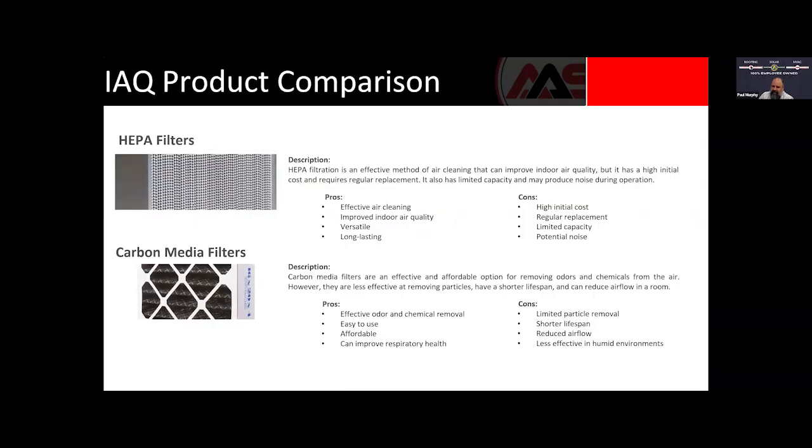Talking about diving into the differences in filters, we start with HEPA filters. HEPA filtration is probably the most effective filtration that you can offer, but it's not something that we typically see on any AC units. Typically, it's its own unit, a HEPA filtration unit with its own blower motor that can pull air across that filter.